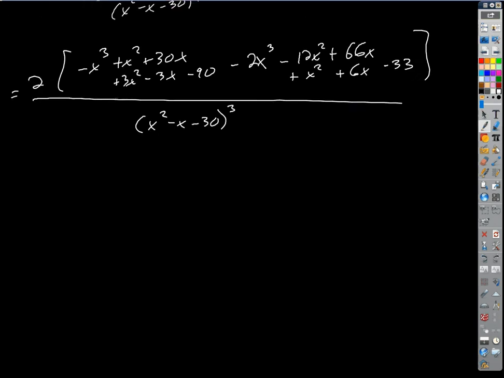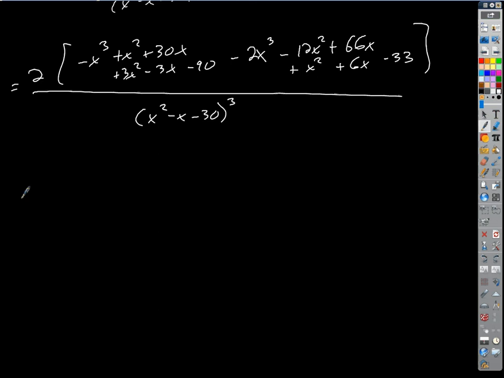And then now if we just combine like terms, what's that going to give us? Let's be really tricky here and see if we can combine like terms from everything all at once, because when they're lined up vertically like that, we can do it. So we get negative x cubed minus 2x cubed. We get 4x squared minus 11x squared is negative 7x squared.